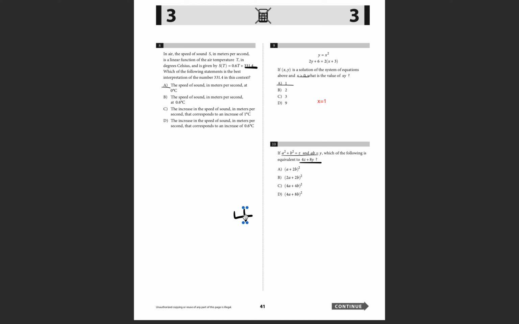So here we just get the perfect square of 2a and 2b.